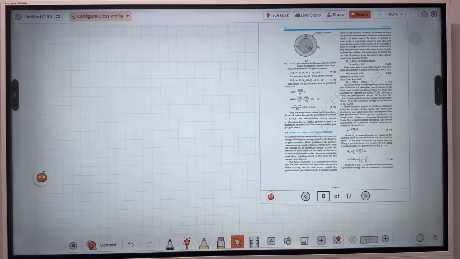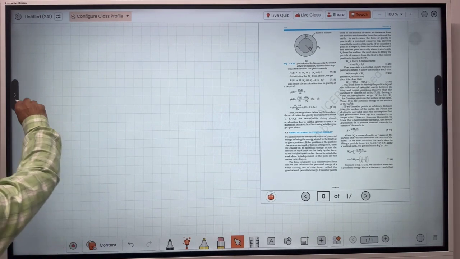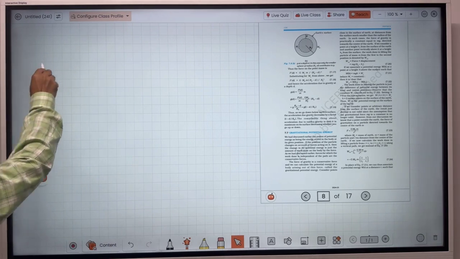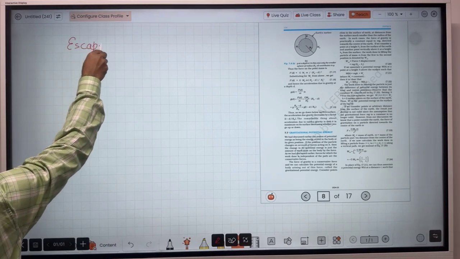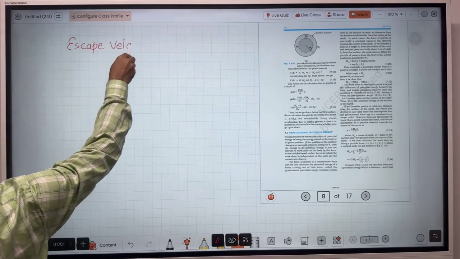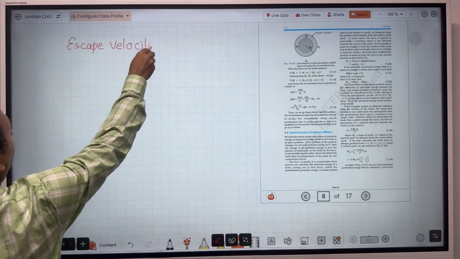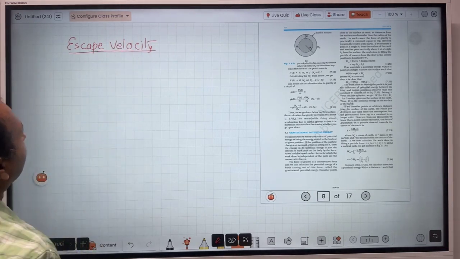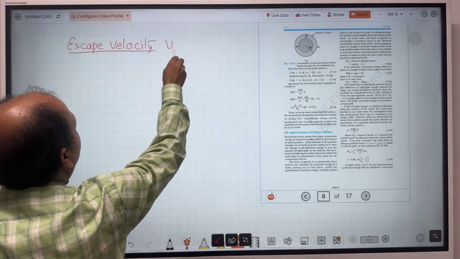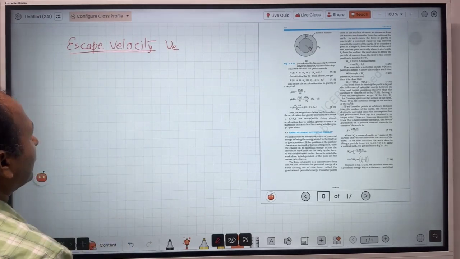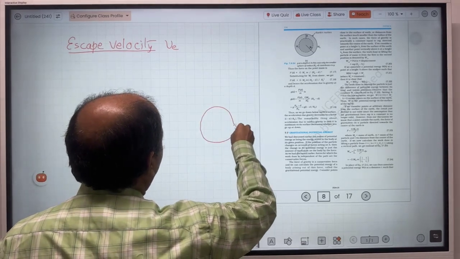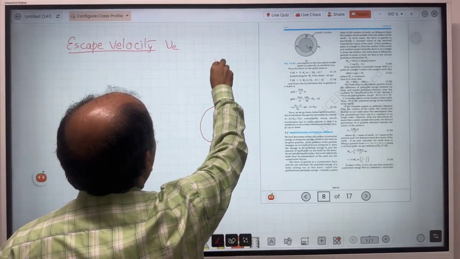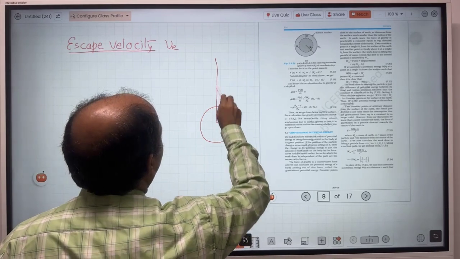Now let's see the next concept, that is escape velocity. What is escape velocity? Its notation is v escape. The same thing we can do as we have studied in the case of gravitational potential energy.